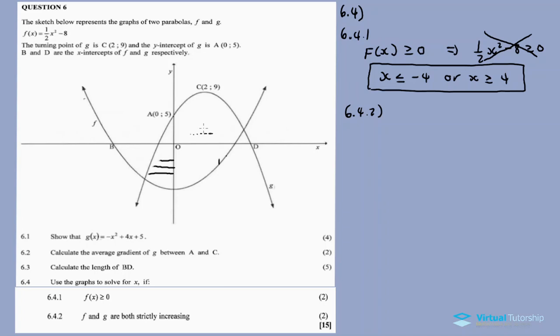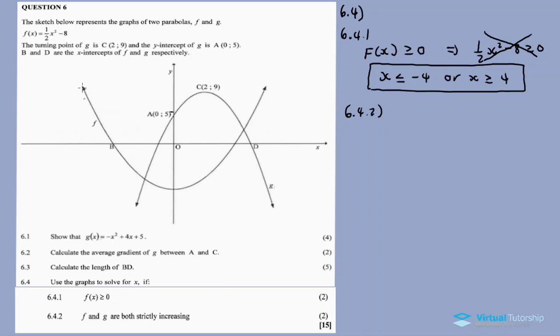So you want the parts of the graphs of g and f where they are both increasing at the same time. They are both increasing at the same time. So look now, you go from your left to the right in order to find where your graph is increasing or decreasing.